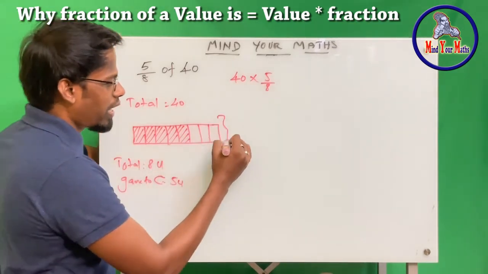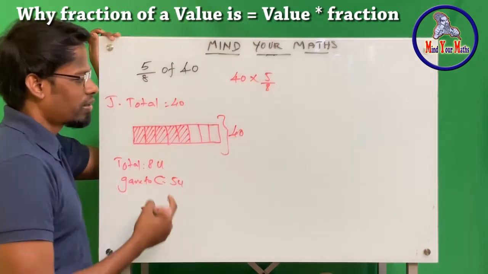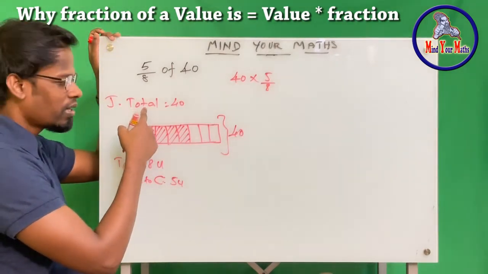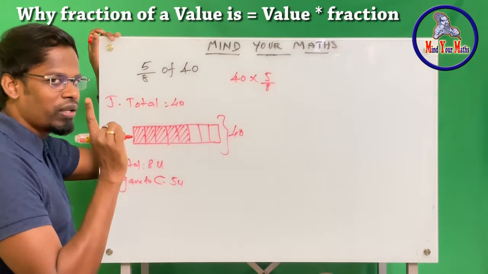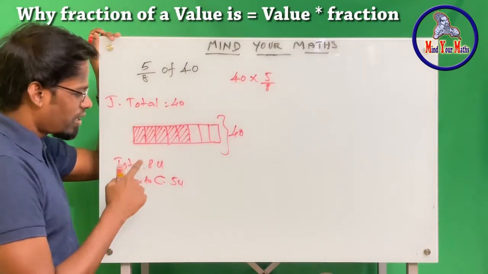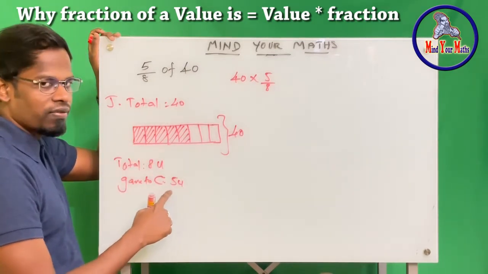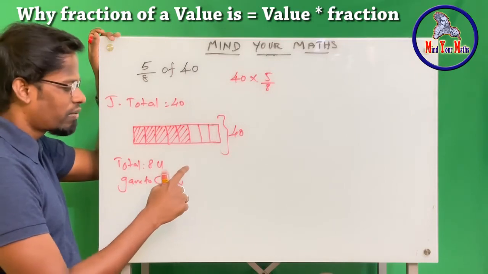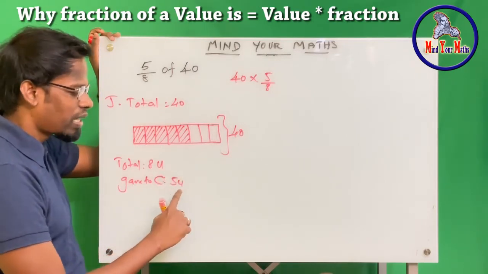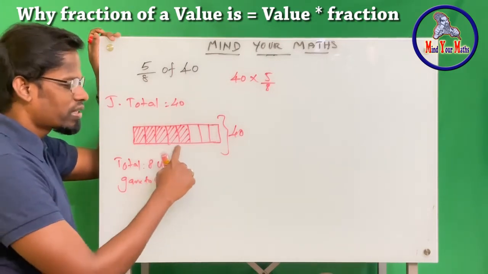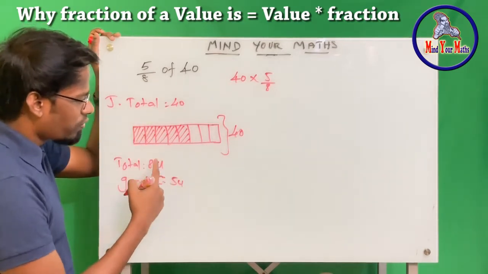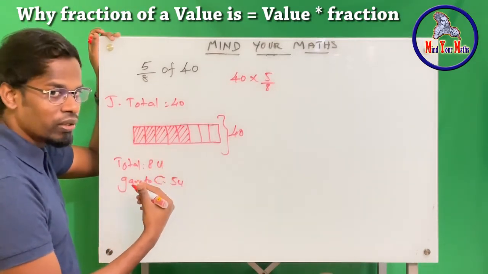The 8 units are 40, that's the total. So we need to find what 1 unit is, then multiply the value of 1 unit by 5 to get the 5 units. So to find 1 unit, what do we do?